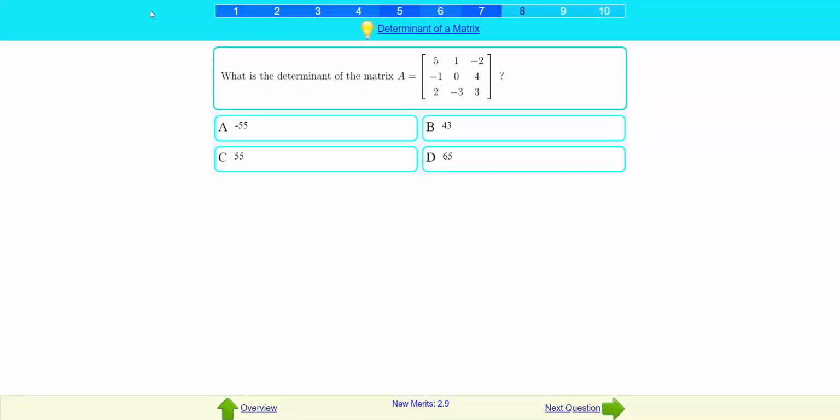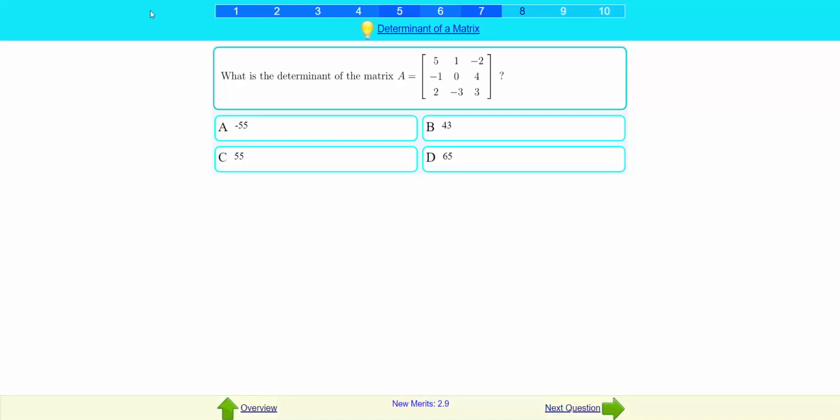Okay, so we have 5, 1, and negative 2. We have minus 1, 0, and 4. We have 2, minus 3, and 3. So if we take an element in the first row, we eliminate the other two.